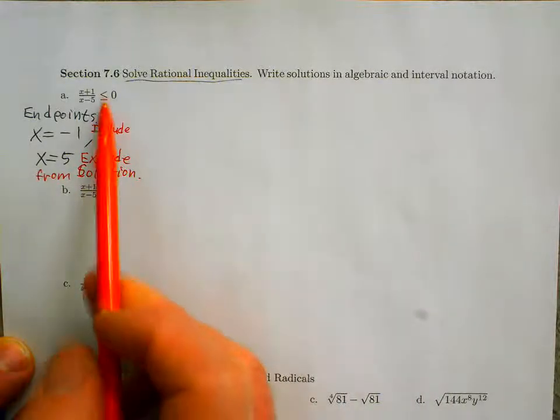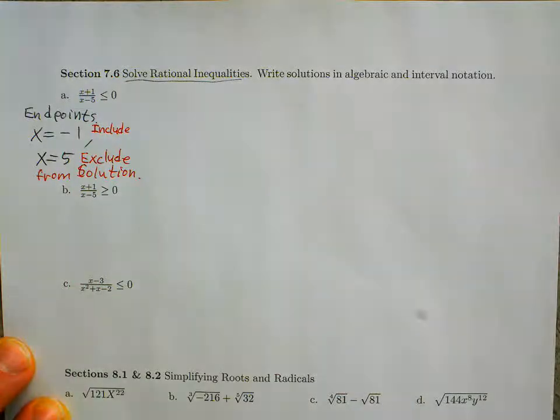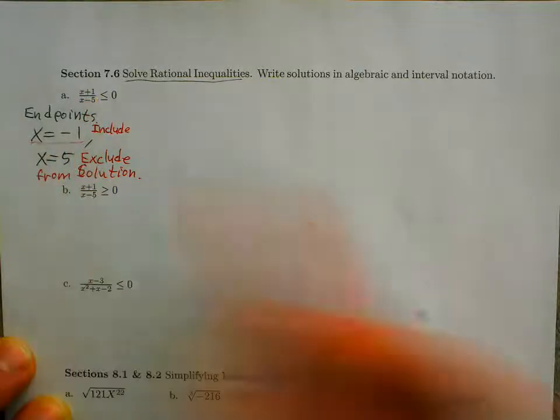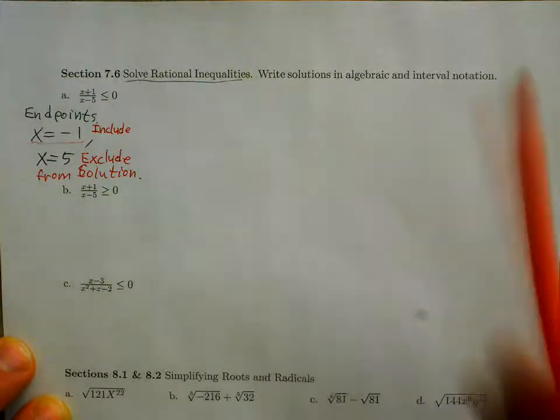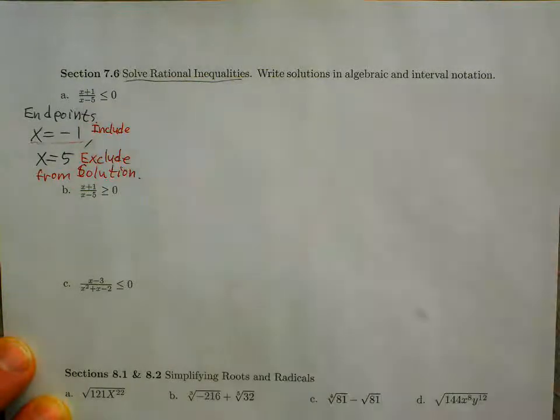So the or equal to 0 means that the numerator can be 0. So in a fraction, if the numerator is 0 and the denominator is non-zero, the value is 0. So we're including x equals -1 in the solution set. We always exclude x values that come from the denominator.